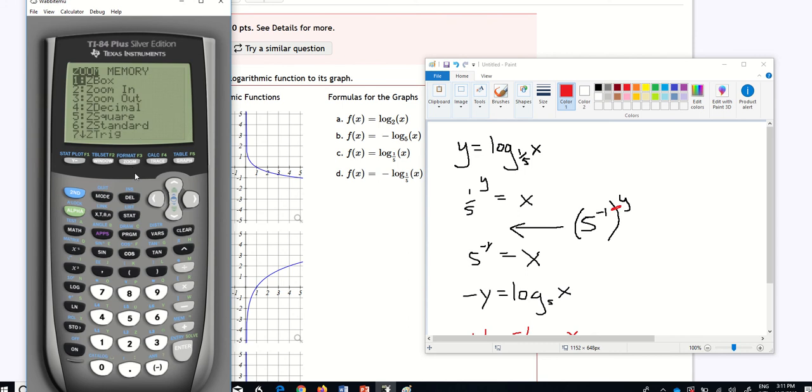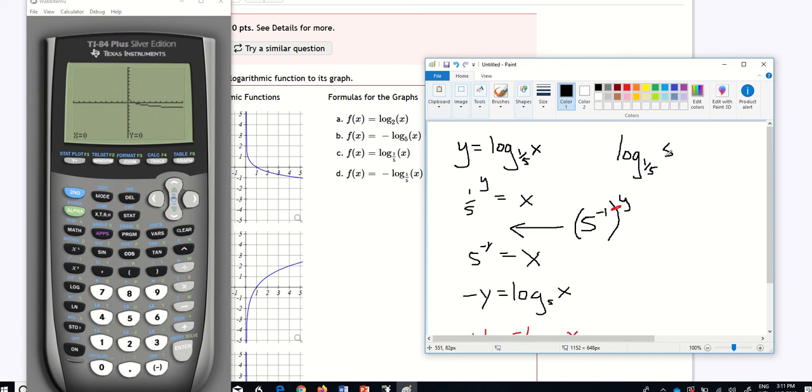The other thing you can think about is, where is there a nice point? Well, if you're looking at log base 1/5 of x, the nice point is going to be at x equals 5, because if you have log base 1/5 of 5, you're really asking what power should you raise 1/5 to in order to get 5.